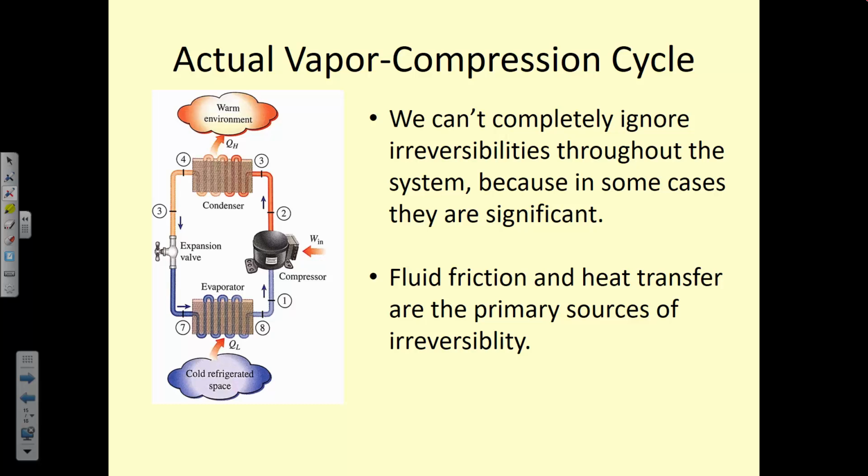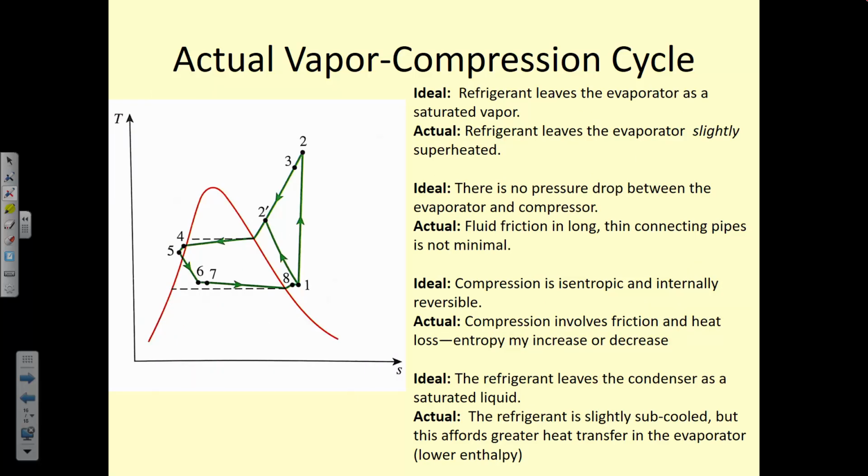We have to look at them, we have to take them into account, because we're always going to have fluid friction, and in particular with household refrigeration systems, your heat pump or your refrigerator, those are long, skinny, coiled pipes. There's lots of friction and lots of heat loss through these copper pipes. And so there's really a lot of irreversibility in the systems. We just have to somehow find a way to model it.